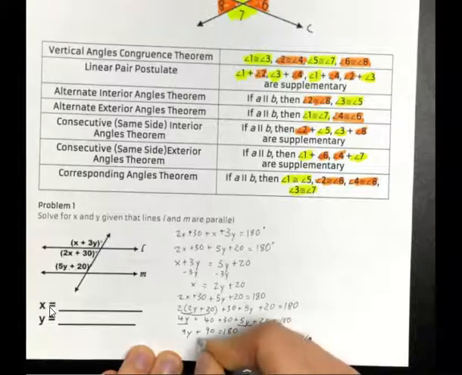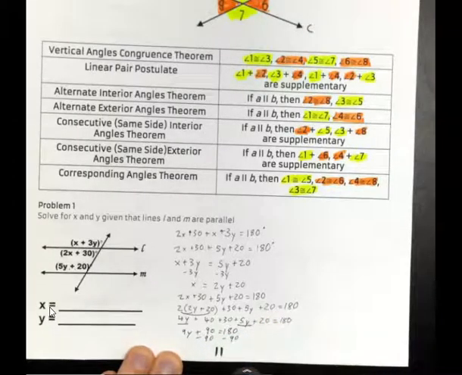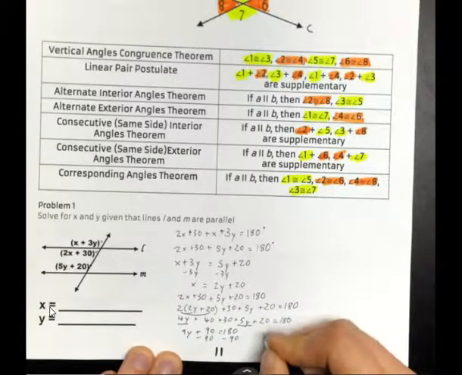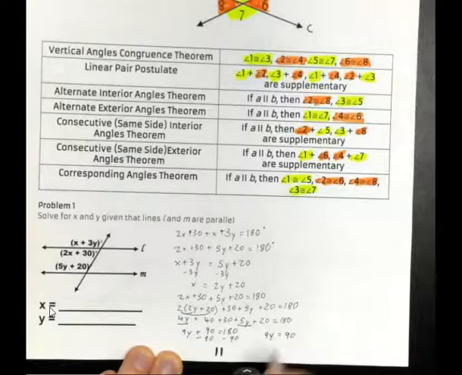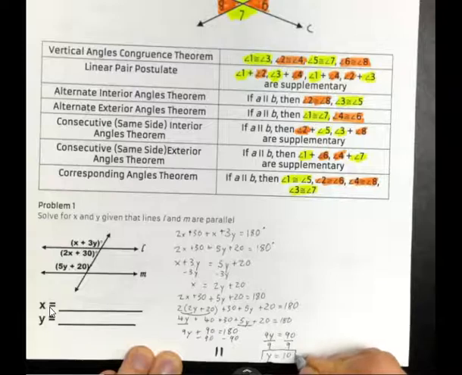So I'm going to subtract this 90 from both sides, and I get, I'm going to move it over here since I'm running out of room, 9y is equal to 90. Alright, and then divide by 9 on both sides, and I get y is equal to 10. So I solved for y. Am I done? No, because I still have to solve for x.